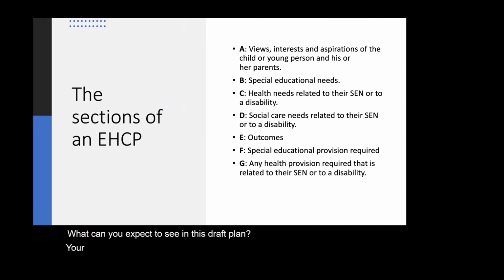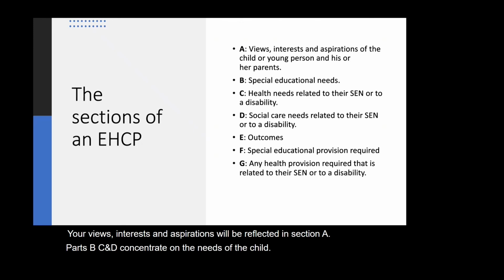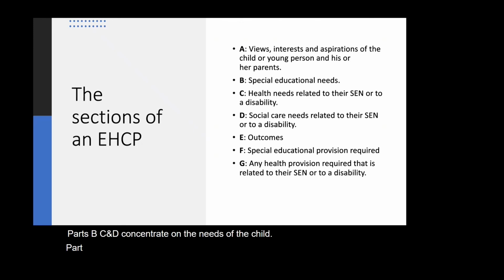Your views, interests and aspirations will be reflected in section A. Parts B, C and D concentrate on the needs of the child. Part E sets out the outcomes, what the plan is hoping to achieve.